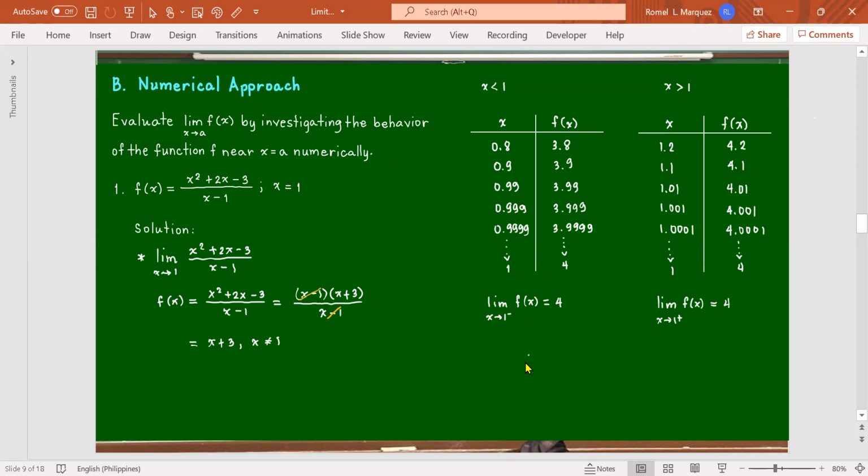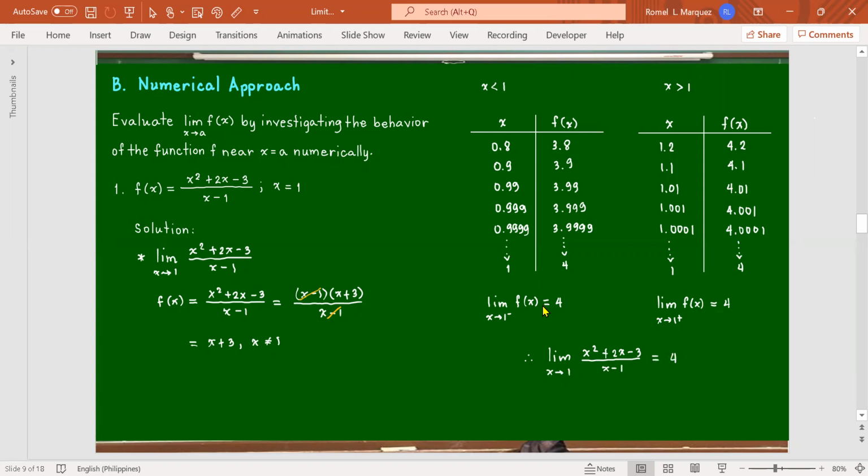So finally, we can now conclude that the limit of f of x, what is our f of x? x squared plus 2x minus 3 all over x minus 1, as x gets closer and closer to 1 is equal to what, guys? 4.